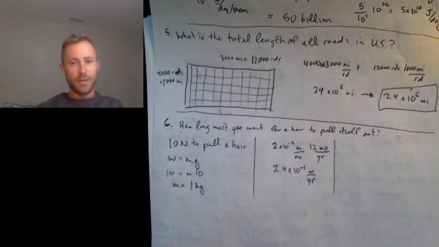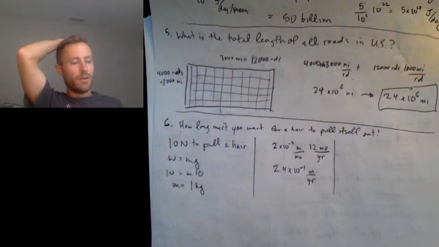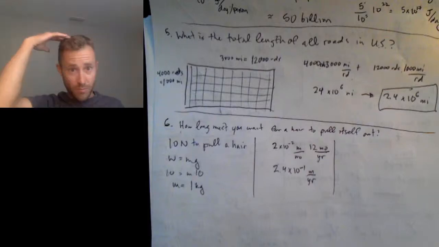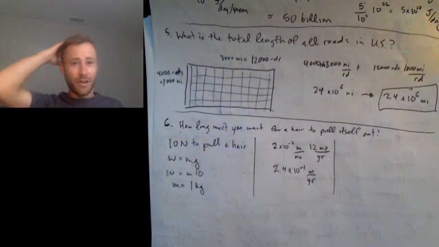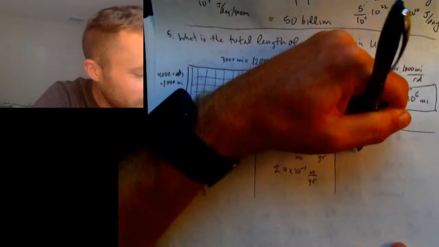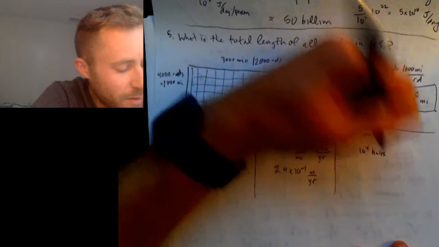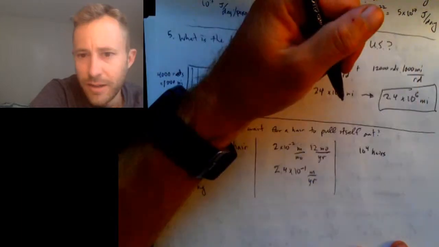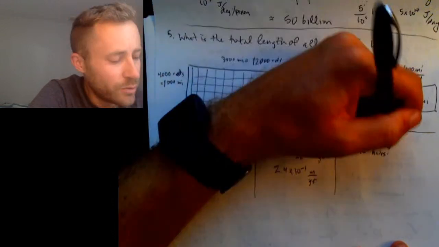So let's say that in a given month, I cut those 2 centimeters off my hair. How many hairs are on my head? Well, it's definitely more than 1,000. It's probably something like 10,000 hairs on my head. So I have 10 to the 4th hairs. Okay. And each of those hairs gets cut by about 2 centimeters.